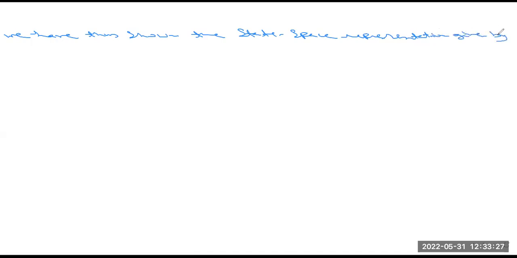So we have shown the state space representation given by equation 1 and equation 2.